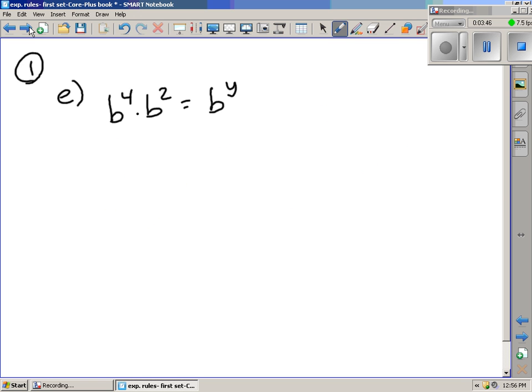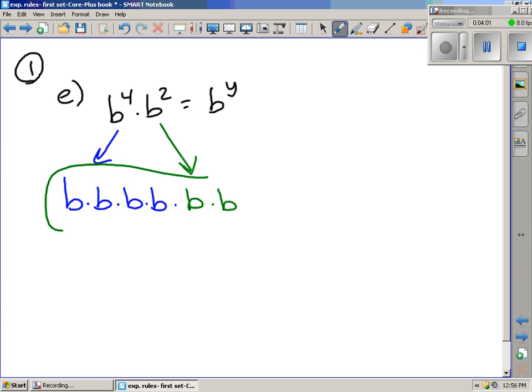In E, we write out the base of b 4 times. So this works just the same as if you were working with a number as a base. Here we just have a variable for the base. And in total, we have the base b written out 6 times, so y is equal to 6.